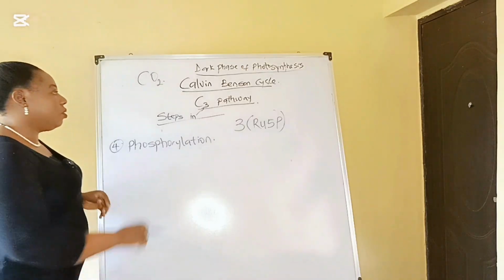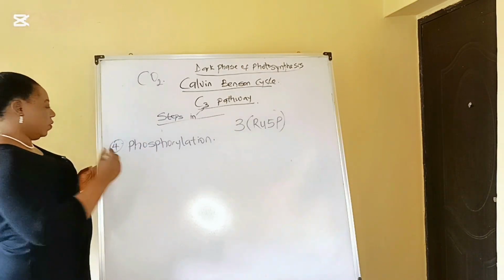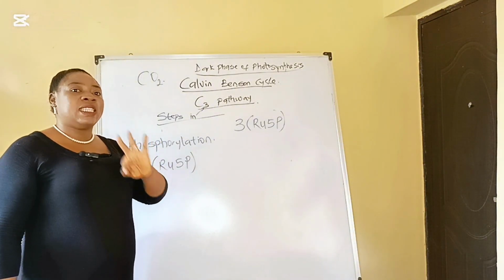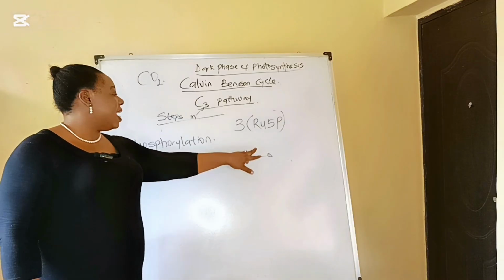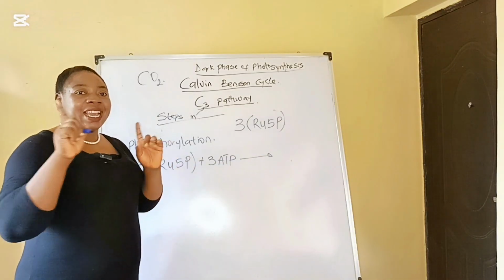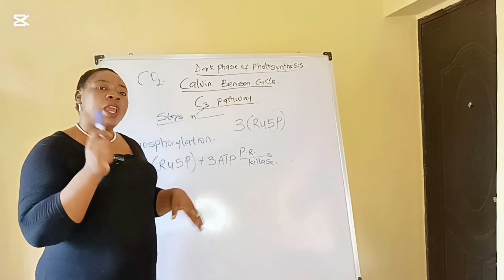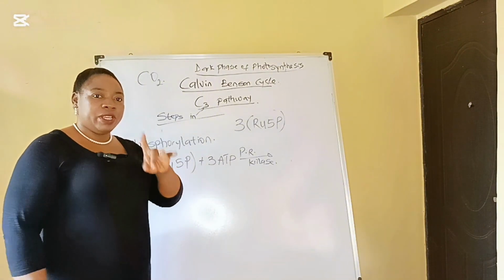So let's write: 3 molecules of ribulose 5-phosphate will now react with 3 molecules of ATP, and this reaction will be catalyzed by the enzyme phosphoribulokinase, which will give us 3 molecules of ribulose 1,5-bisphosphate.